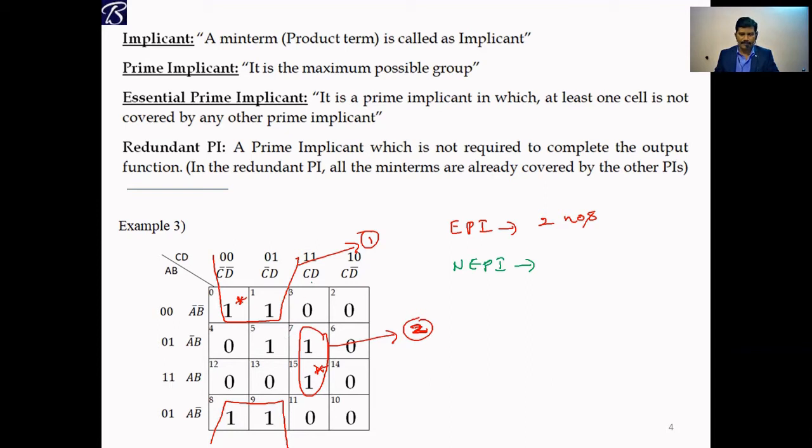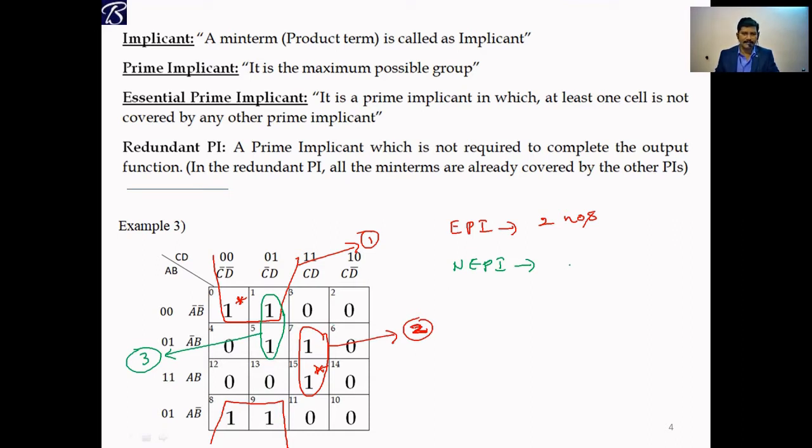Now the output with these two groups, output function is not completed. To complete the output function, then we can group like this. Okay. Now all the minterms are covered. Output function is completed.